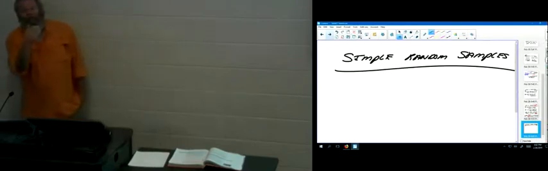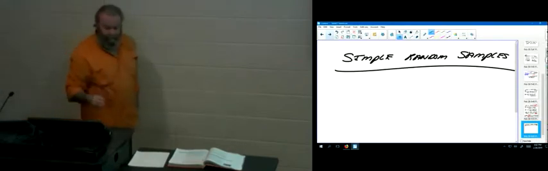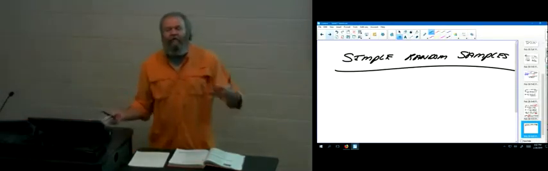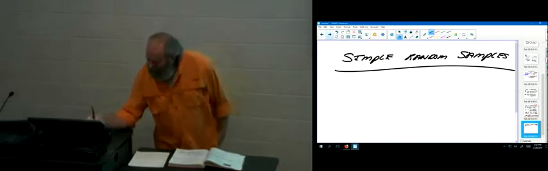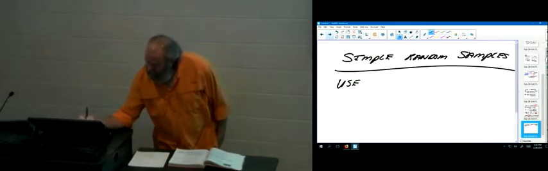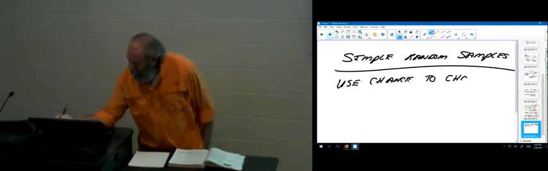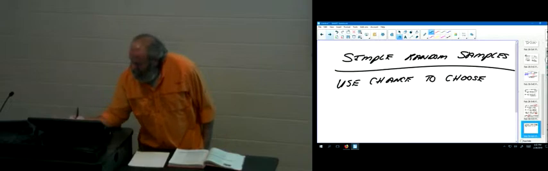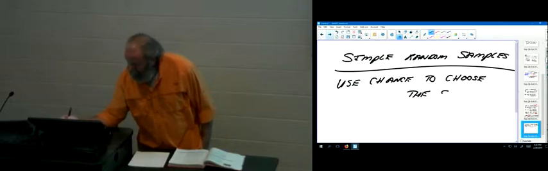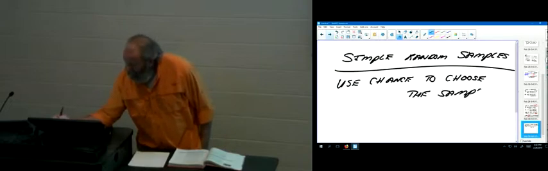So there's something called simple random sampling. Very, very simple: we want to use chance to choose the sample. Seems like a reasonable thing. I'm going to underline that word there.